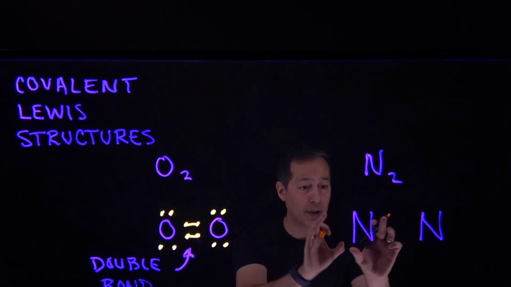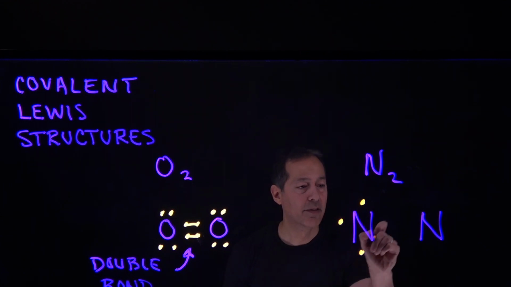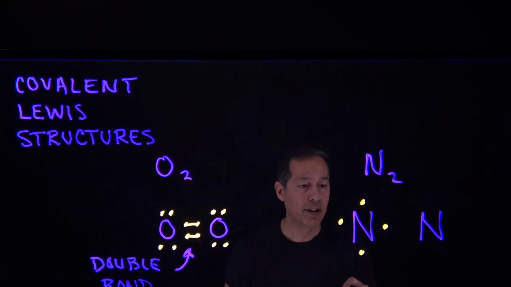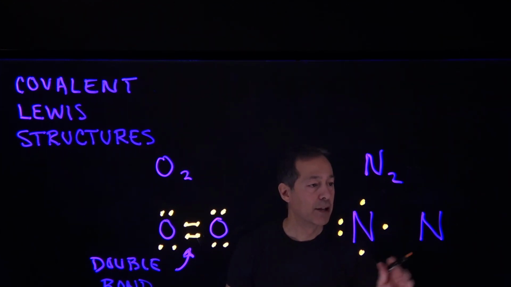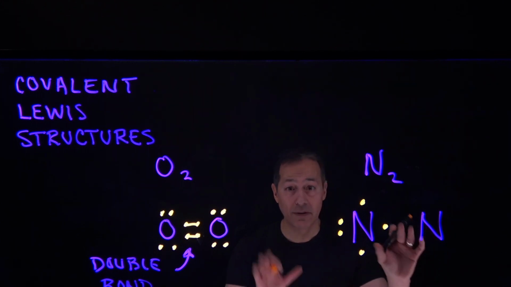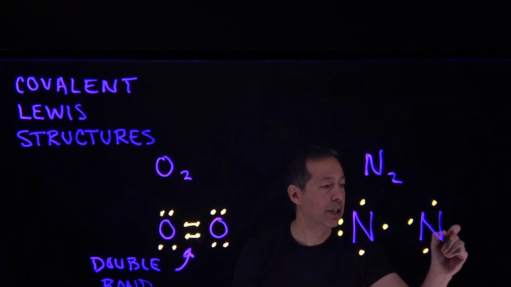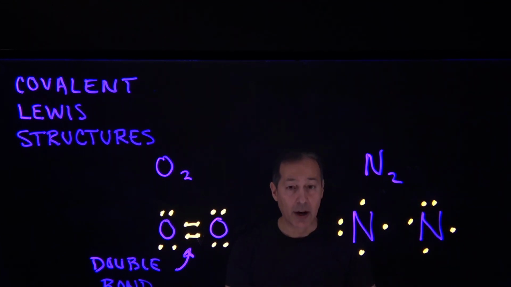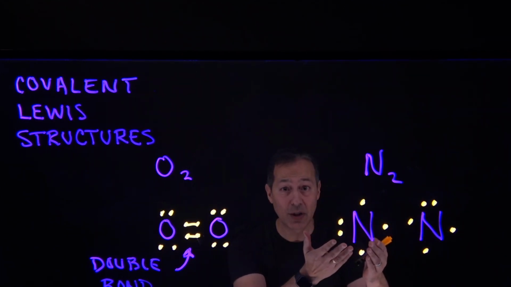So I imagine a box around here, and I put in my 5 valence electrons like this, 1, 2, 3, 4, one on each side of the box, and then just randomly, I'm just going to pick my 5th one over there. Do the same thing with this nitrogen atom, 5 valence electrons, 1, 2, 3, 4, 5 over here.